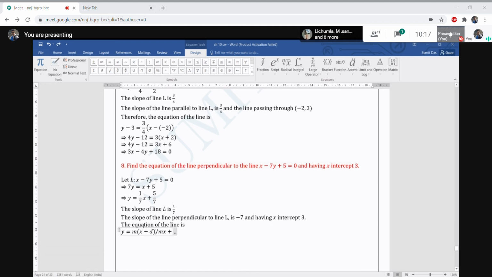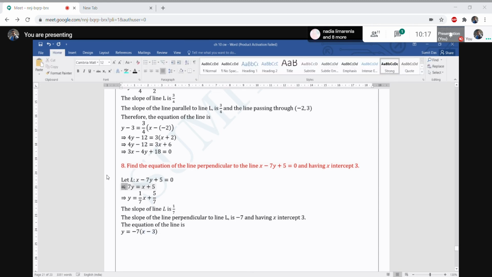Here what is given? Here it is given the x intercept, that is 3. So we have to replace m with -7 and d with 3. Then you have to simplify.